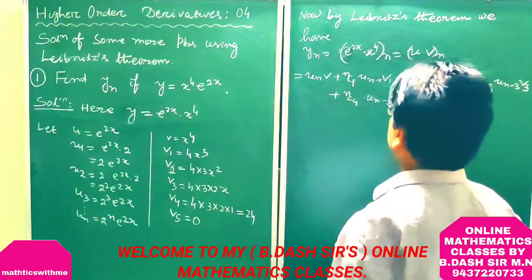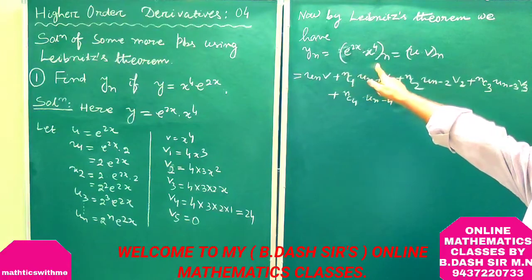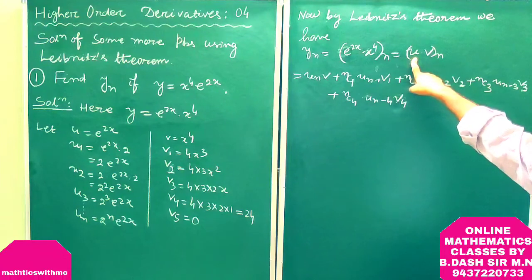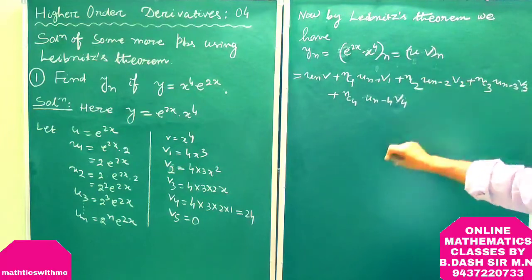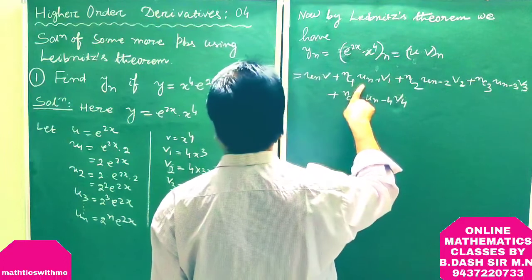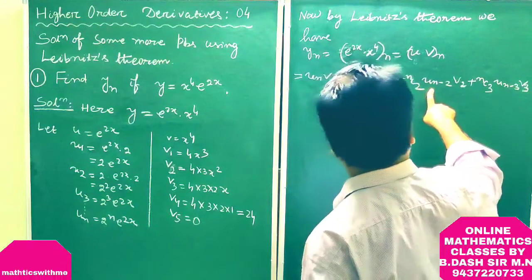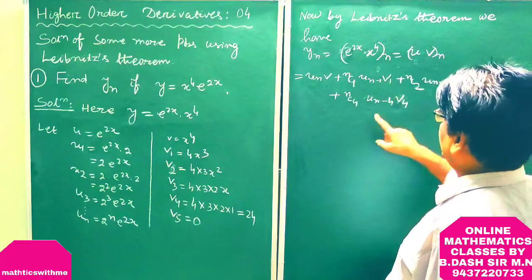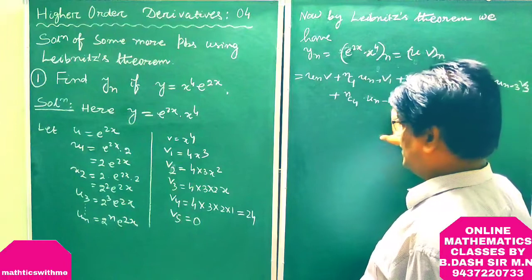So here yn is equal to e to the power 2x into x to the power 4 nth derivative. So here e to the power 2x is u, x4 is v, so uv n. That is un v, nc1 un minus 1 v1, nc2 un minus 2 v2, nc3 un minus 3 v3, nc4 un minus 4 v4.